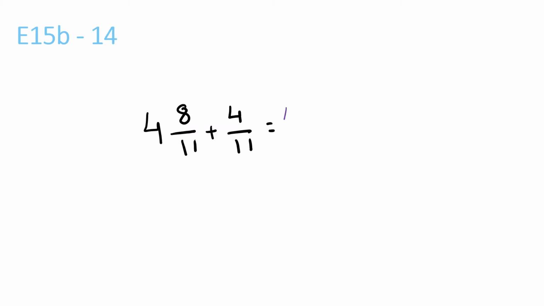For this one, it's 4 and 12 over 11, because we move the 4 over from over here, then we get the 11 because it stays the same, then just 8 plus 4. Then we have to convert it into a mixed fraction.